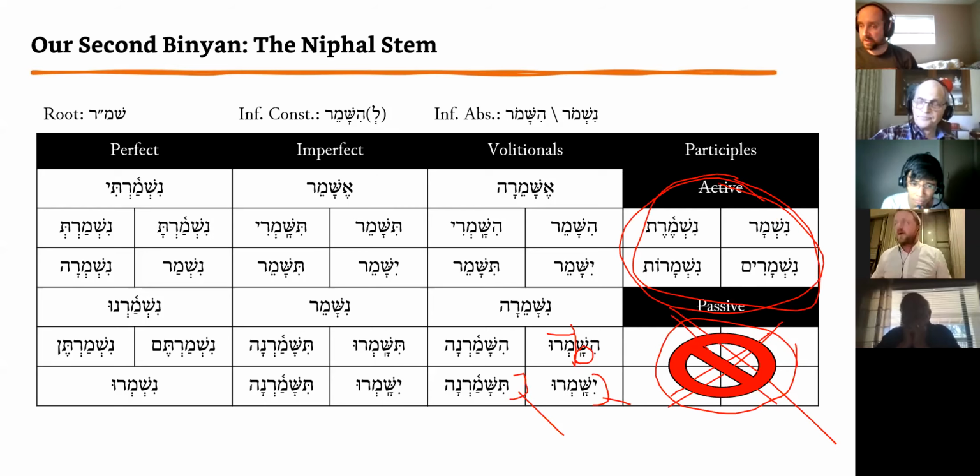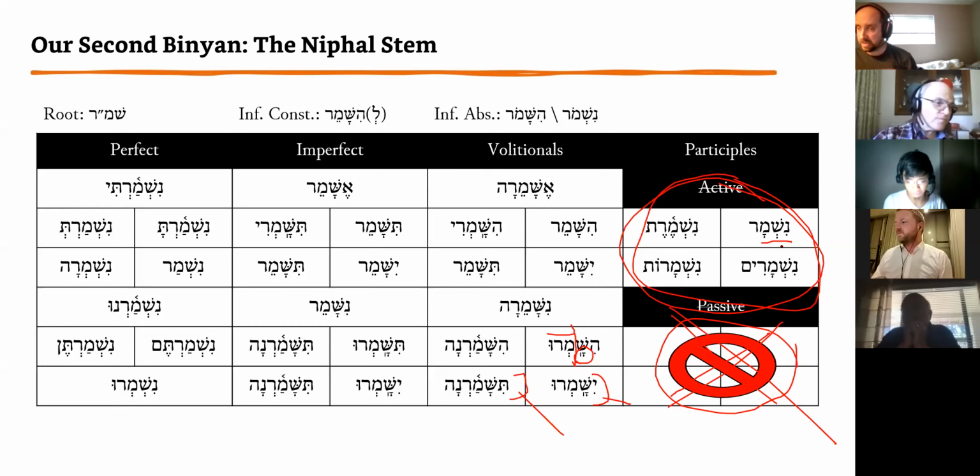But what's a better example? If we had the root sha'ar, nish'ar means was left, or was left over, or is remaining. So nish'ar as an adjective means what remains.